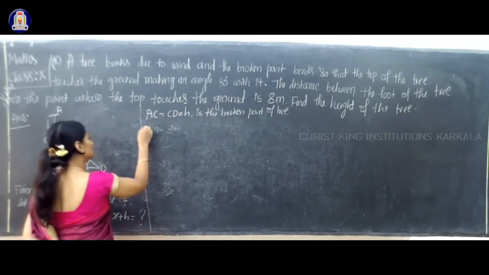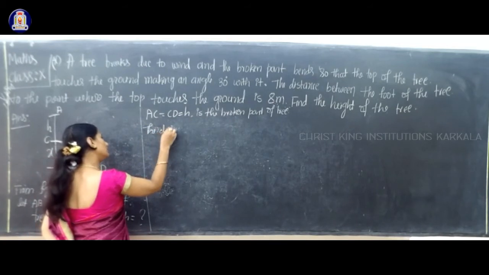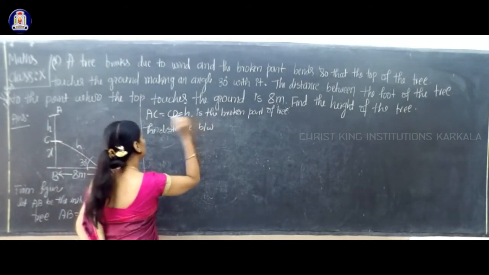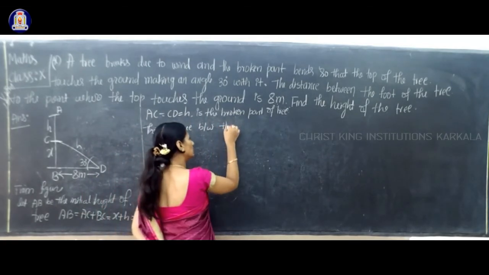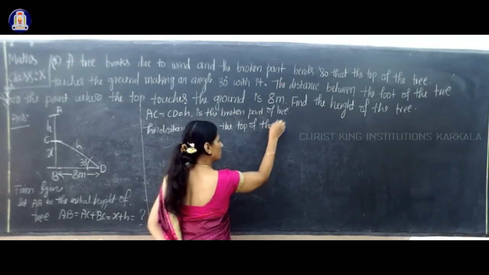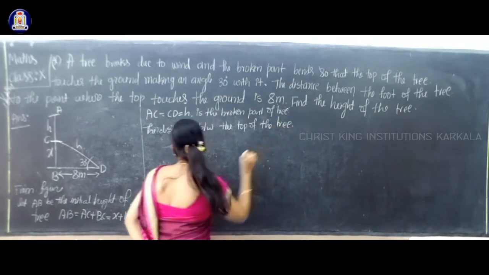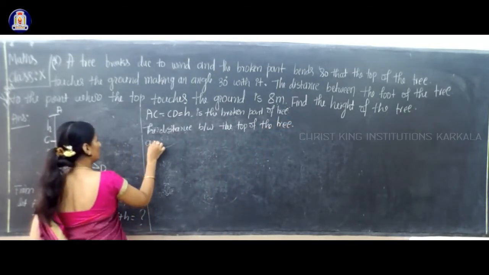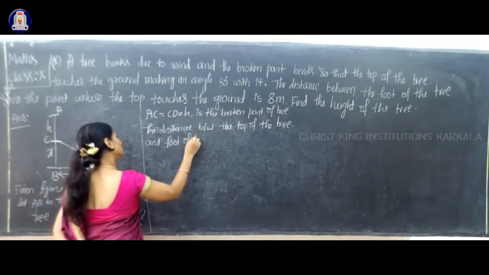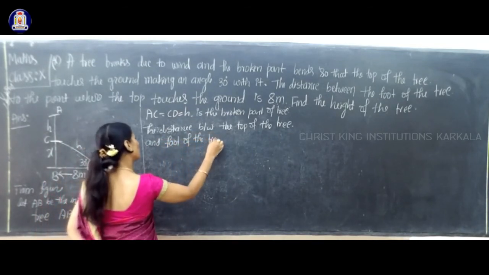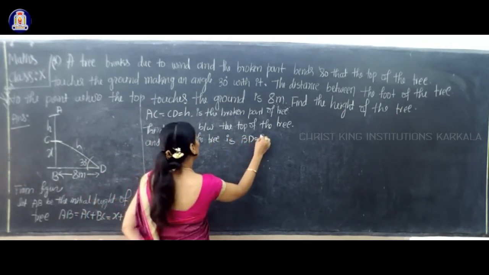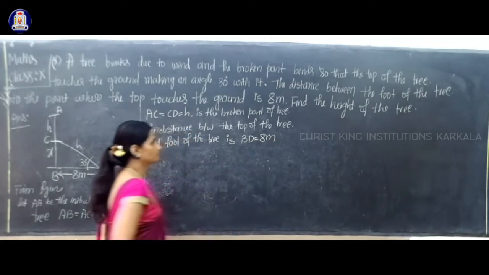Otherwise, the distance between the top of the tree and the foot of the tree is BD, that is equal to 8 meter.